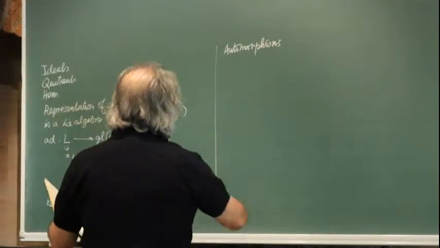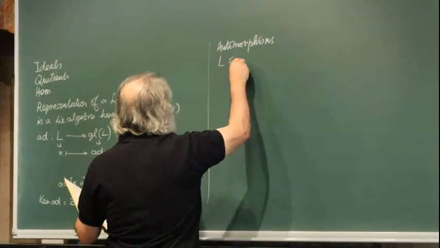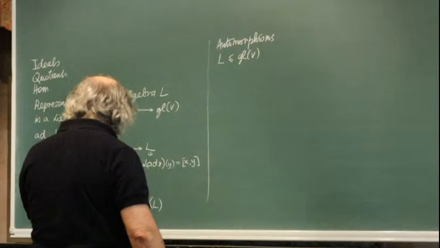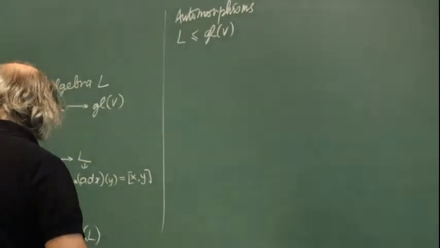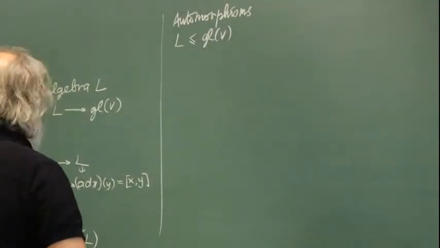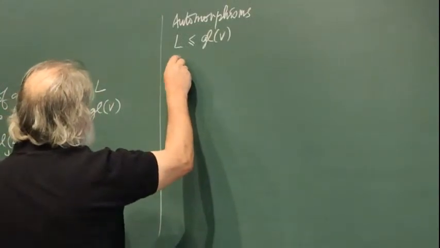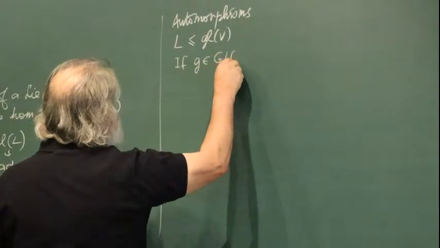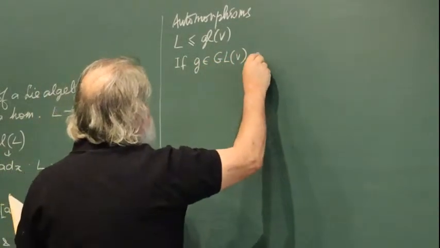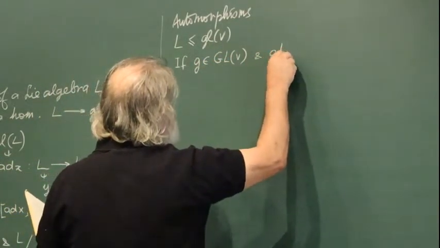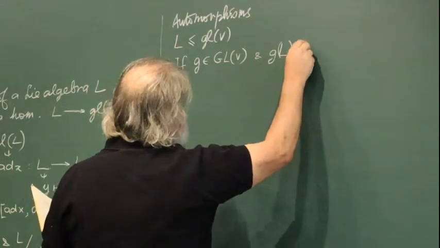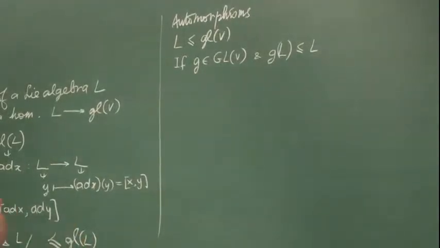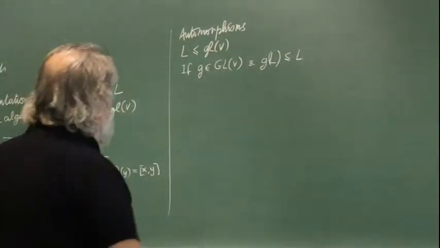Suppose that L is linear, so it's inside GLV. So if you have, for example, if g is invertible and gLg inverse is inside L, this means that gLg inverse is equal to L, since L is finite dimensional.